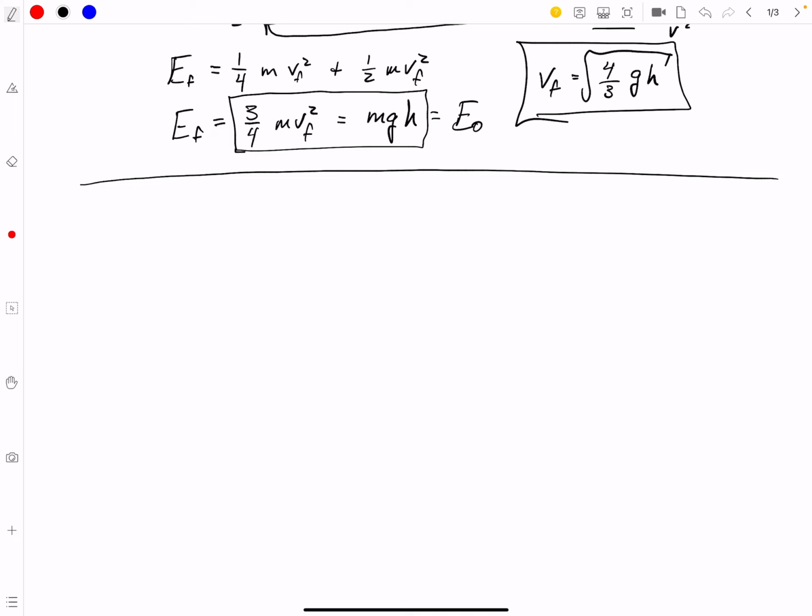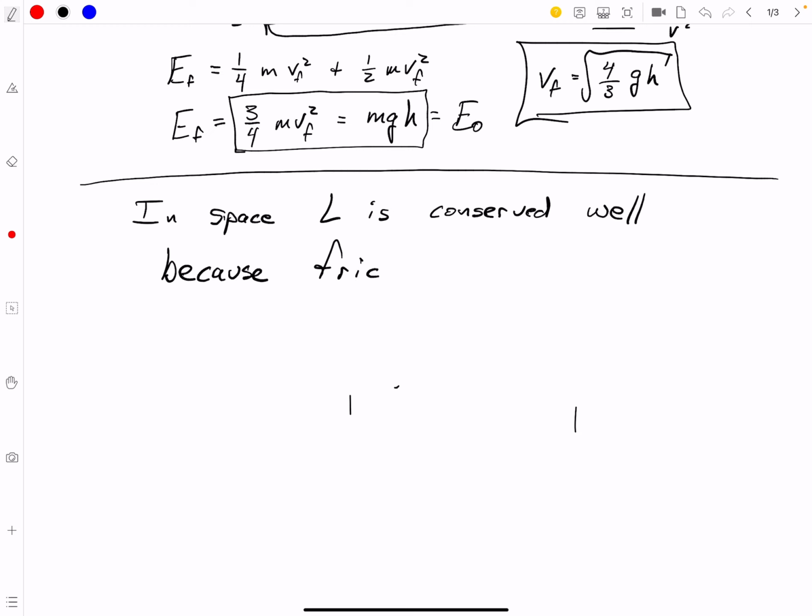That takes us through all of the angular momentum stuff. I want to do one other thing. In space, angular momentum is conserved really well because friction is very low.